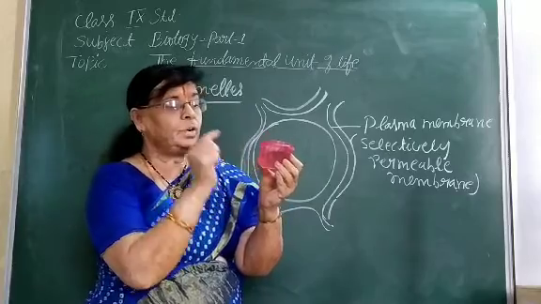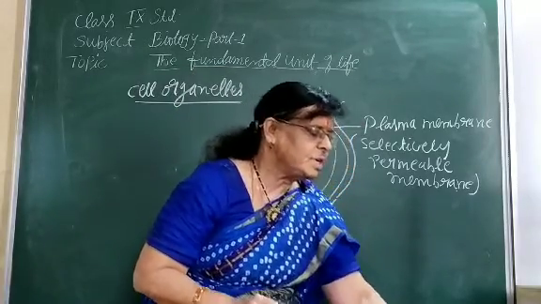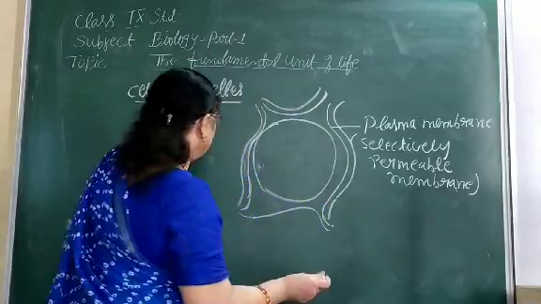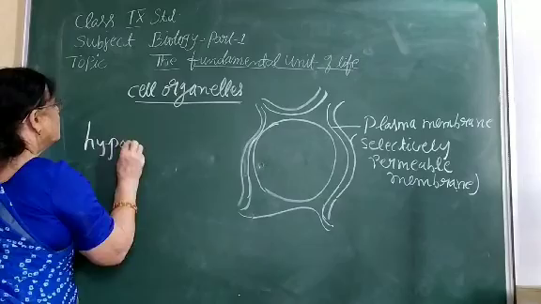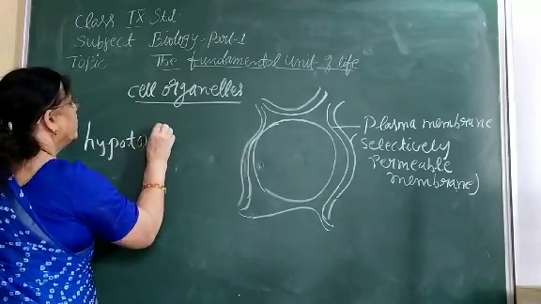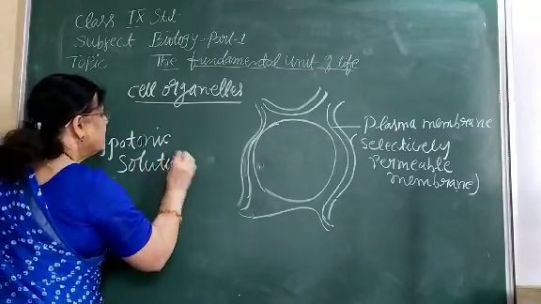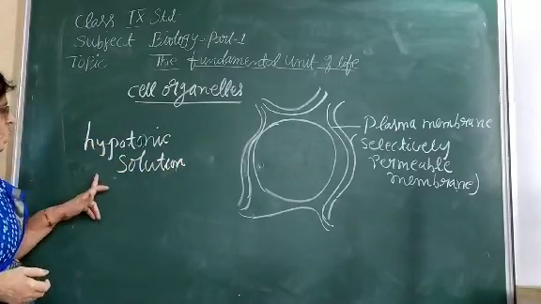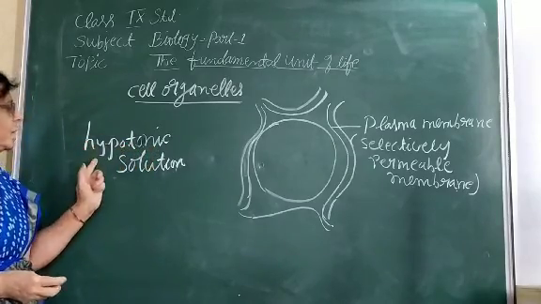For the seed to get swollen up like this, the type of solution that we observe here is called hypotonic solution.